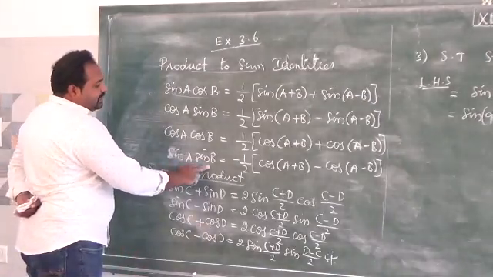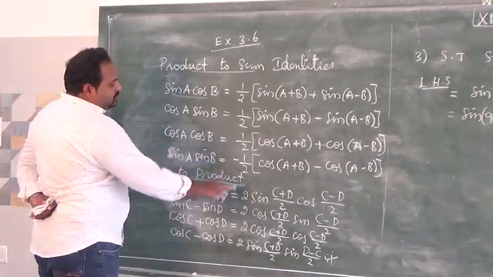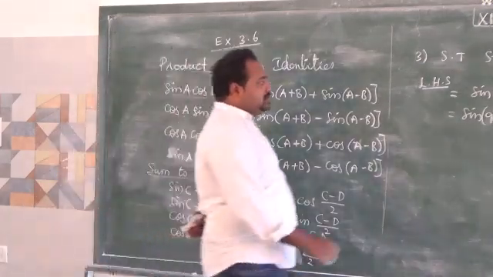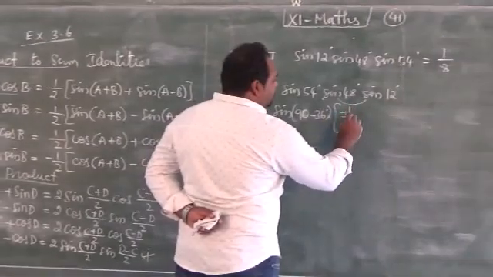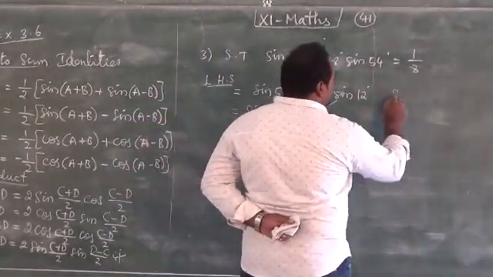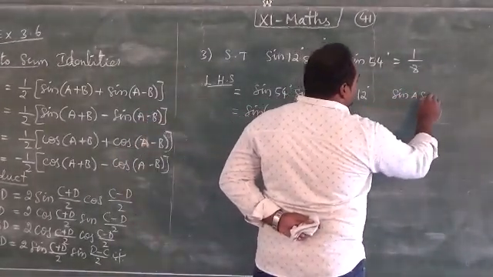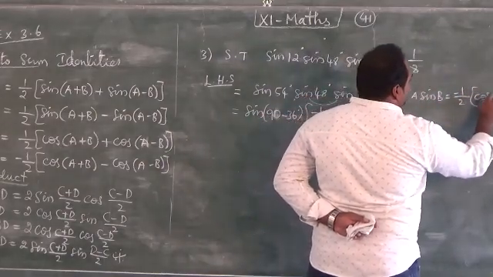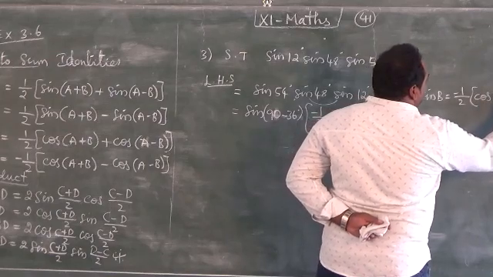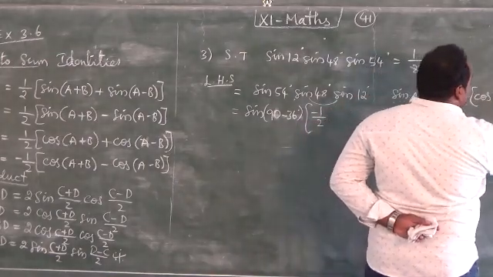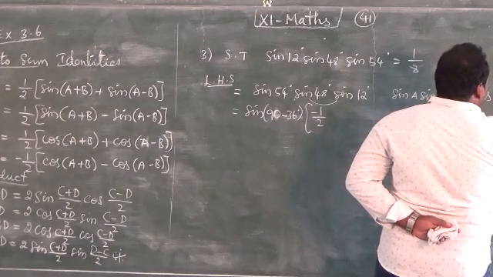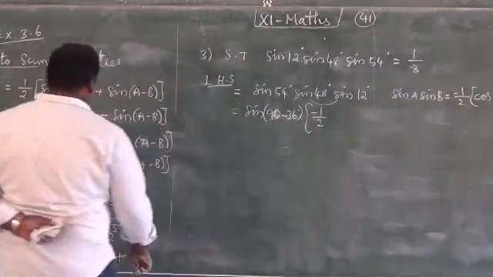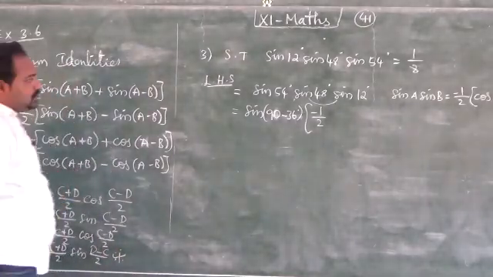Sin A sin B can be written as minus 1 by 2 into (cos (A plus B) minus cos (A minus B)). This formula I am going to use, the fourth one.